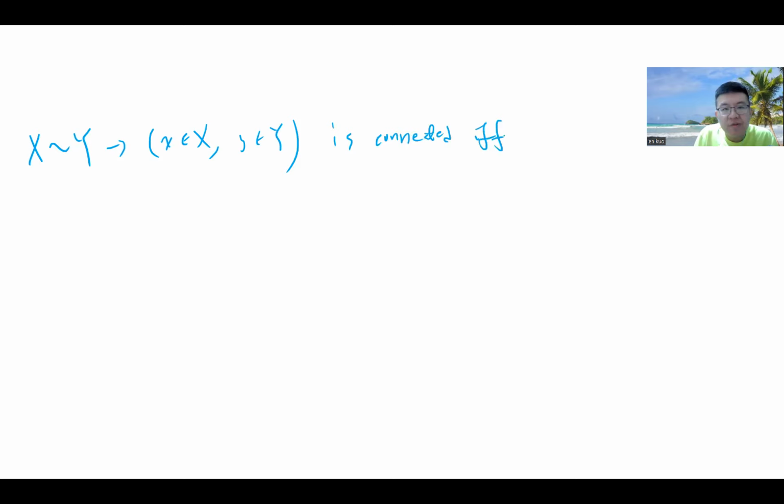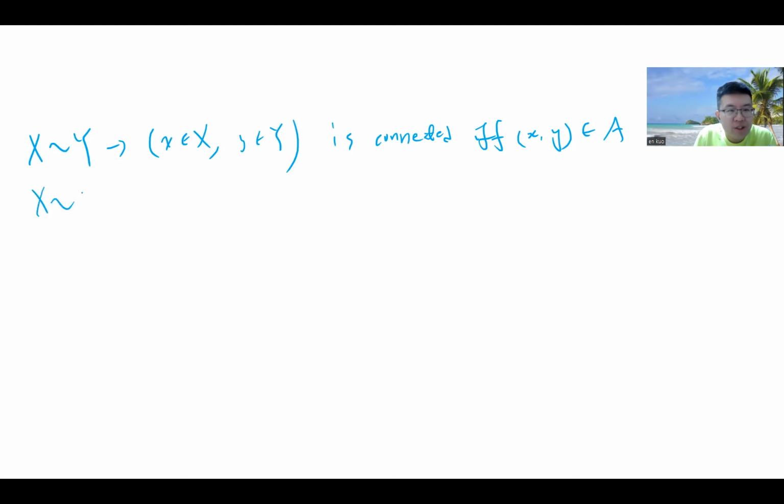Okay, so let me just write down. So x and y are connected, where small x is in X and small y is in Y, if their intersection belongs to A. Okay, hopefully it's clear. If the intersection belongs to A, then we say these 2 points are connected.